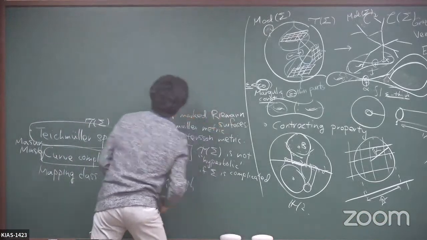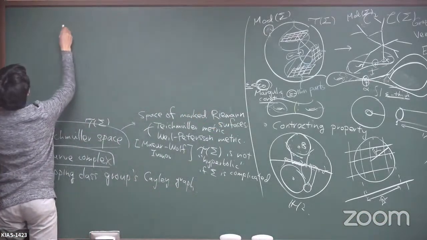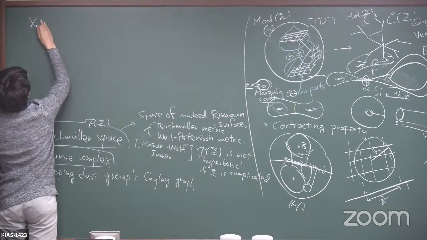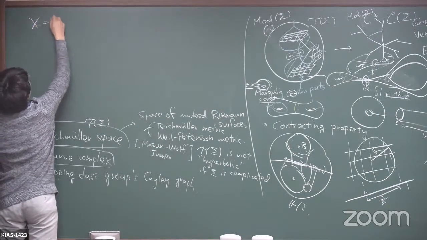we define a property. So X is a space, let's say a geodesic metric space.